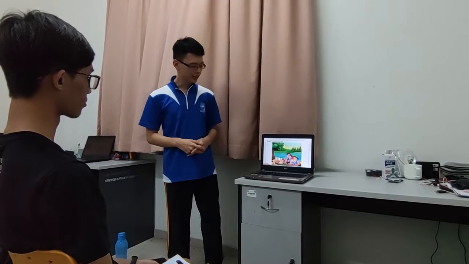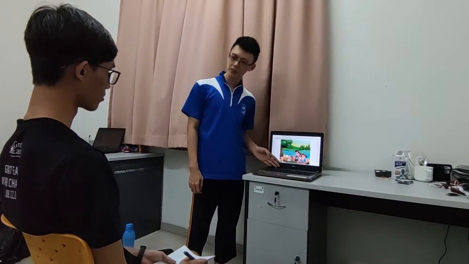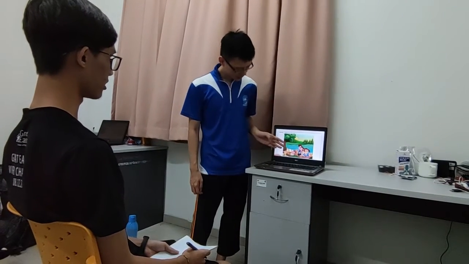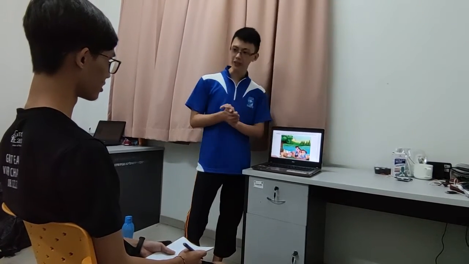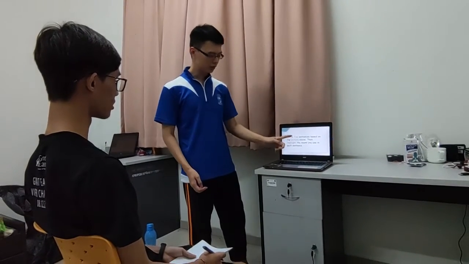Okay, so students, now look at this picture. What can you see from this picture? Trees, sun, river. Okay, correct. So this task is you will need to write 5 sentences based on the picture above, that I show.